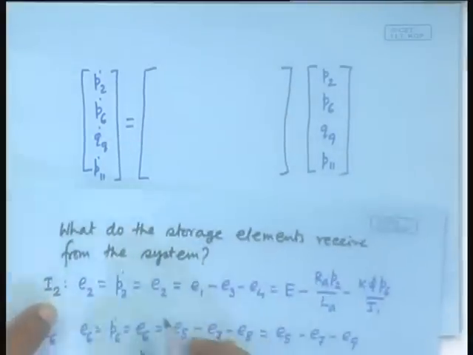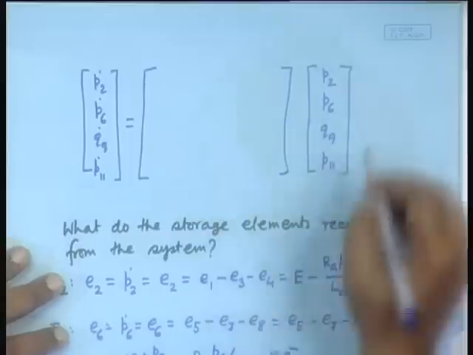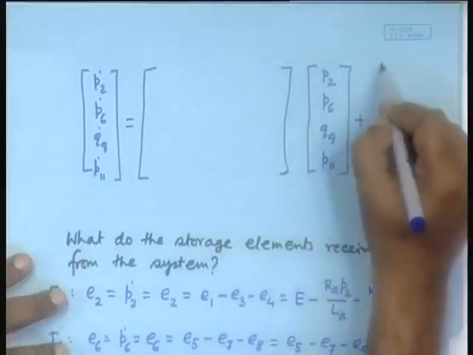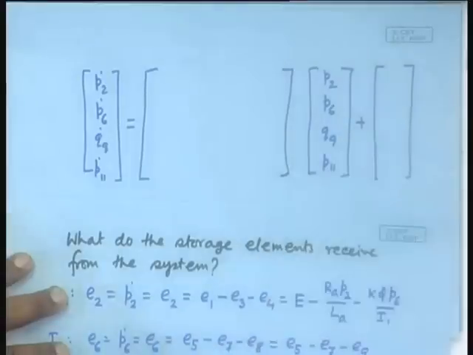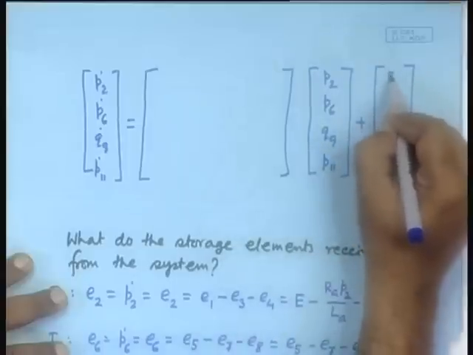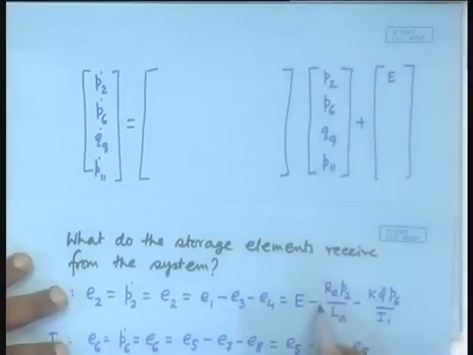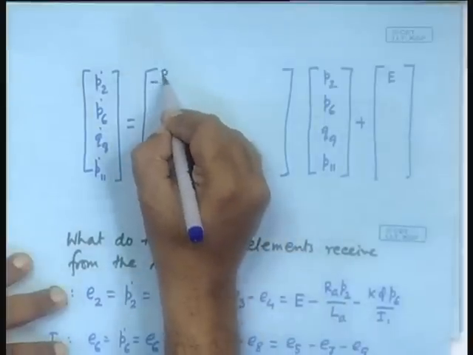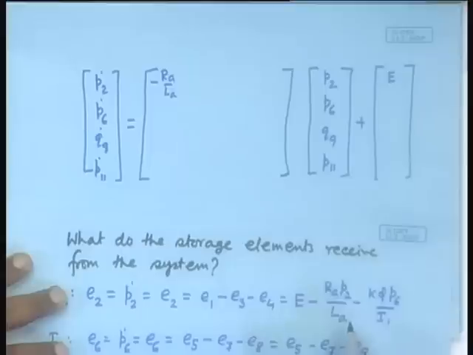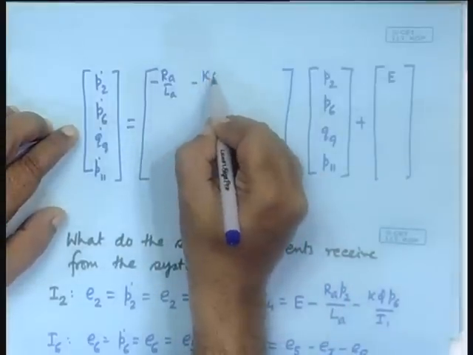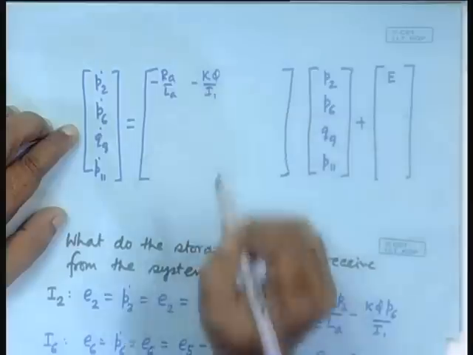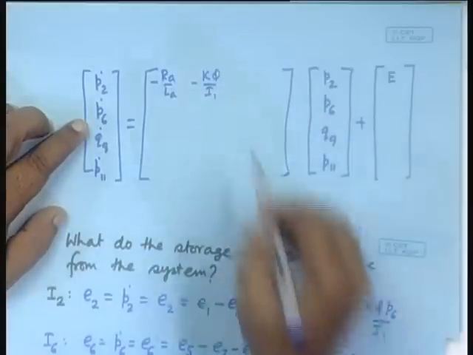For example, in the first equation it is plus the things that are the external input. So, this will be E, related to minus R A by L A, the first one. Next one is minus K phi by I1 times P6, and these two are 0.